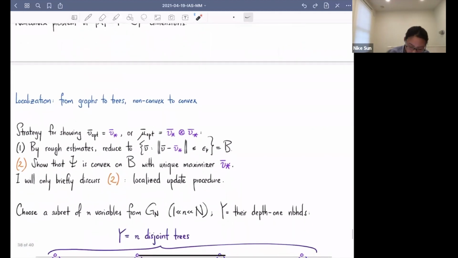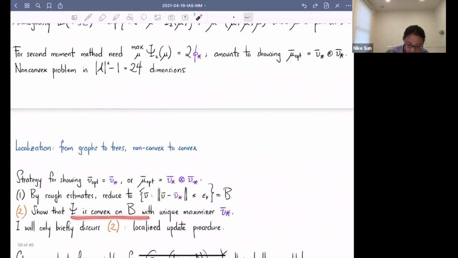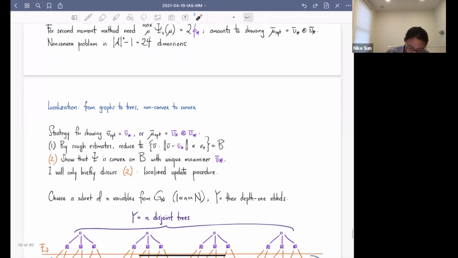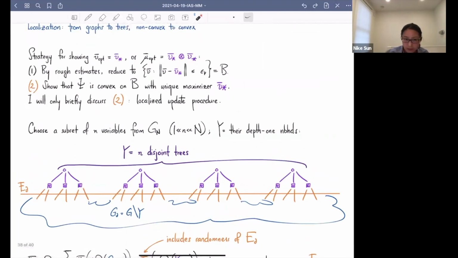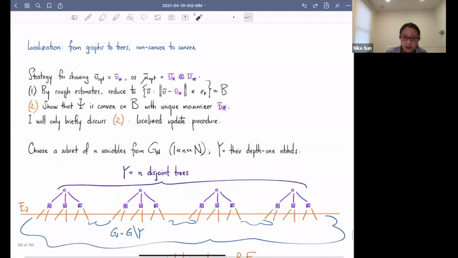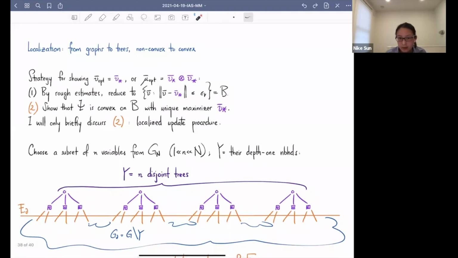And the idea is that because it's a convex function, you can hope to optimize it by making some sort of gradient descent type of step, although you will see it's not exactly gradient descent, but it's a similar type of idea. So the approach is something like the following. Take your large graph Gn and consider choosing a subset of n variables from it.